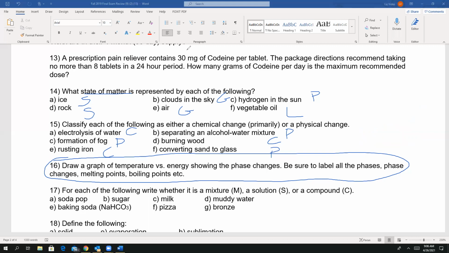So, okay, the next ones are either mixture, solution, or compound. Okay, soda pop is a mixture. Baking soda is a compound. Sugar is a compound. Milk's a mixture. Pizza's a mixture. Muddy water is a mixture. Bronze is also, actually, in this case, oops, I just saw something.